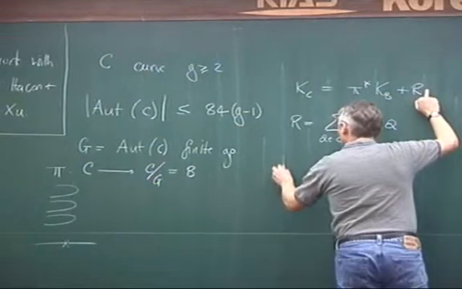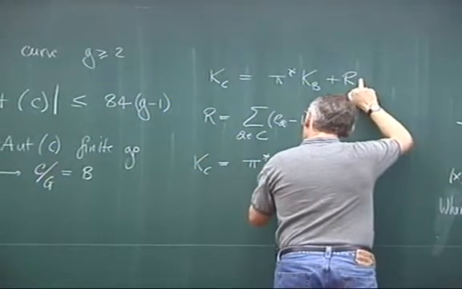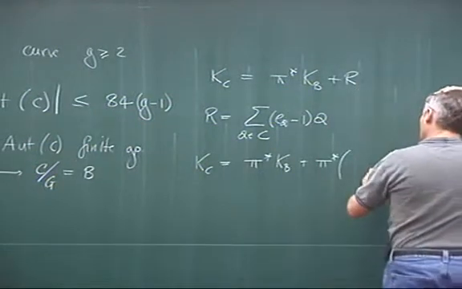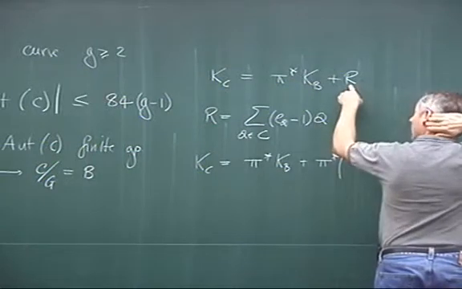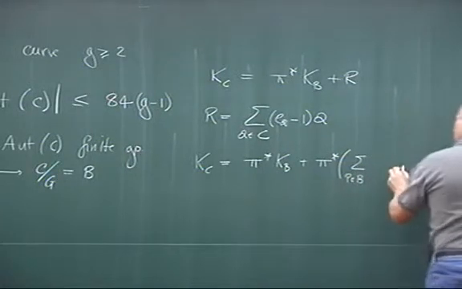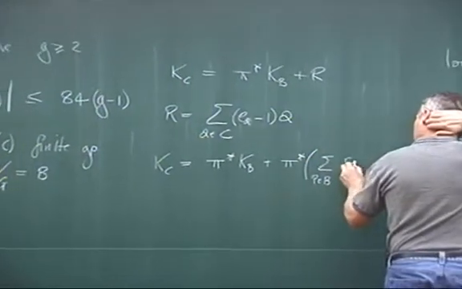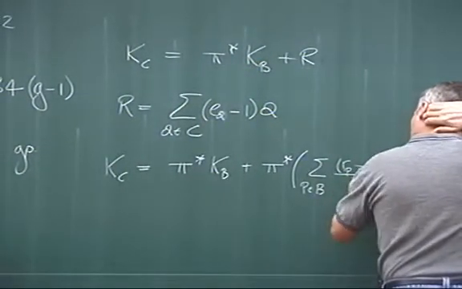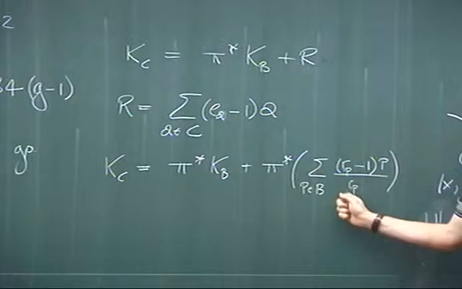I can say that K_C is pi upper star K_B plus pi upper star of a branch divisor. Now I can sum over all points P in B, with the same numbers, the branching index r_P minus 1. But since pi has degree d, I just have to divide through by the order of branching.